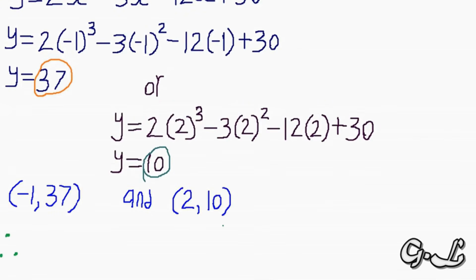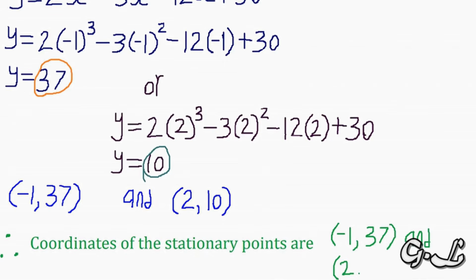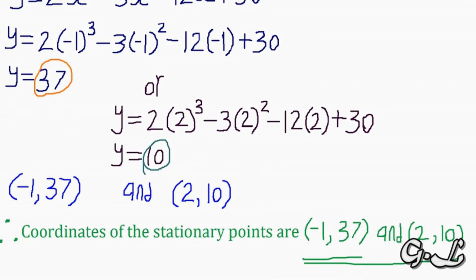This is how you're supposed to answer. Say, therefore, coordinates of the stationary points are -1, 37 and 2, 10. This is how you're supposed to answer in an exam room. I hope you are clear on this one.